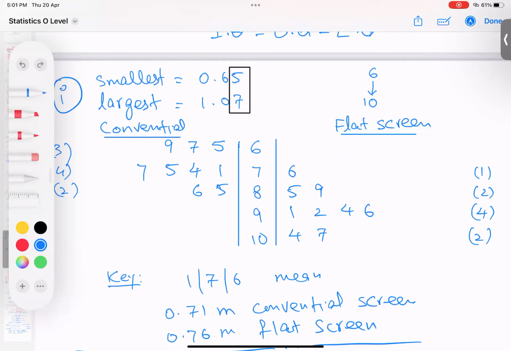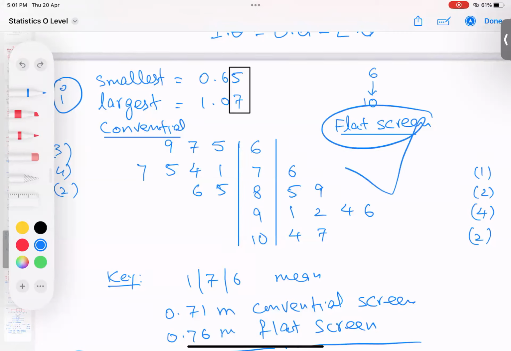So can I say that conventional screens are coming in a small range of meters? Diagonal, it means conventional screens from old times. So screens came in small sizes only.